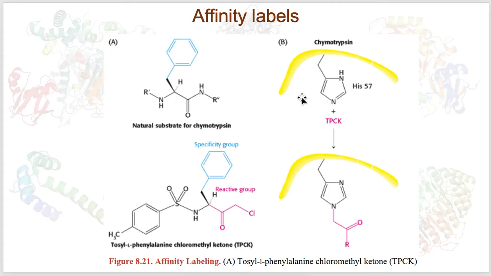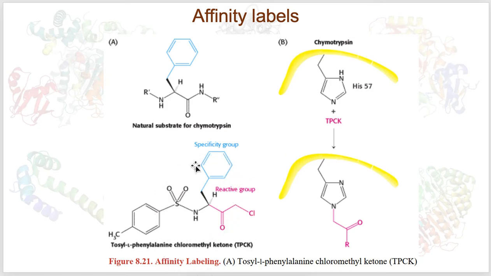This figure shows how TPCK reacts with and inactivates the chymotrypsin. This is the part of the chymotrypsin which the TPCK binds. So TPCK binds with this histidine residue of the chymotrypsin and thus inactivates it, and they bind covalently.